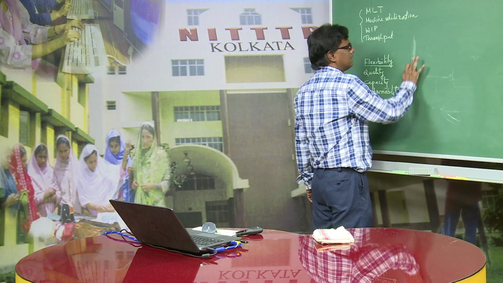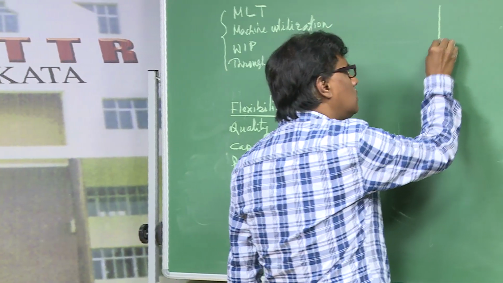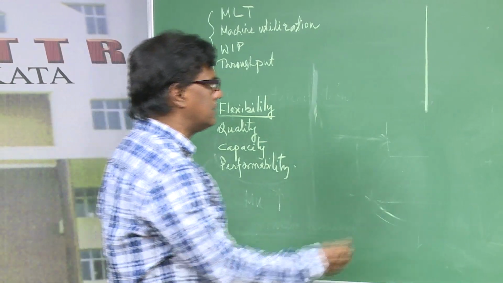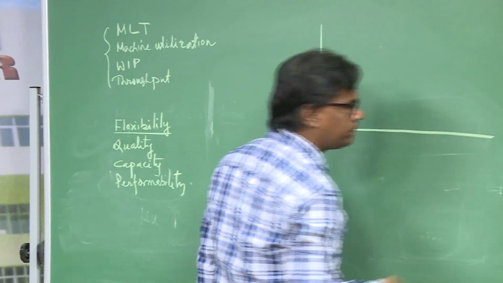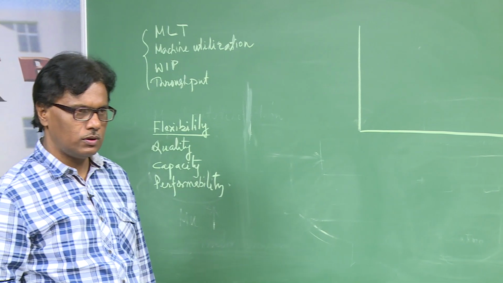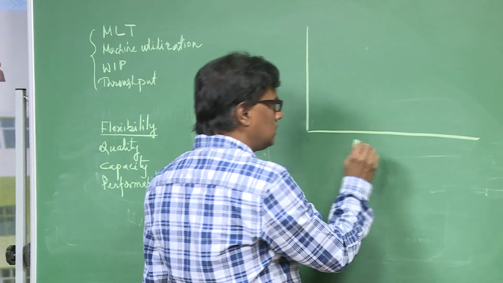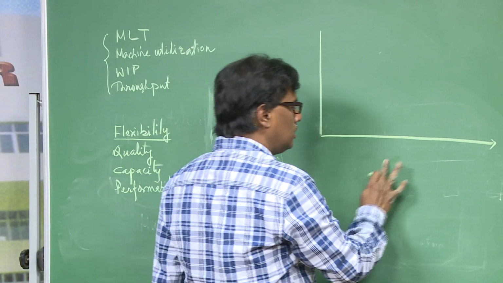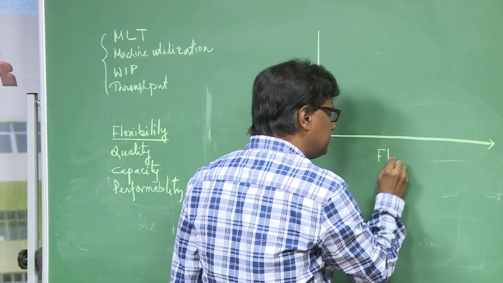Any modern manufacturing system, let me try to understand graphically what is the impact of flexibility in manufacturing systems. Say this is your flexibility or variability.